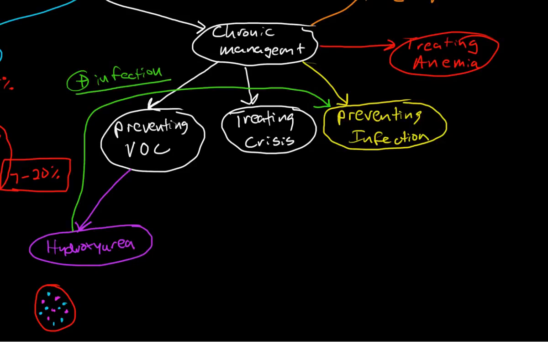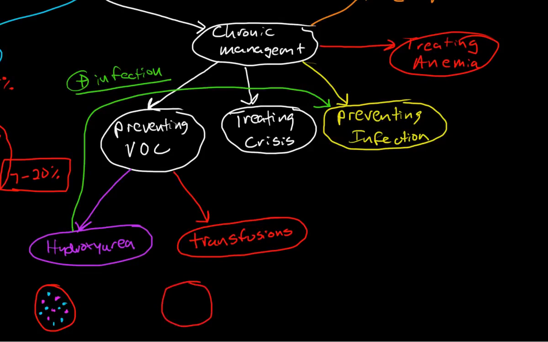Now, the second part of preventing vaso-occlusive crises is chronic transfusions. Again, chronic transfusion works in some ways similar to hydroxyurea, because it decreases the concentration of red blood cells that have hemoglobin S in them.